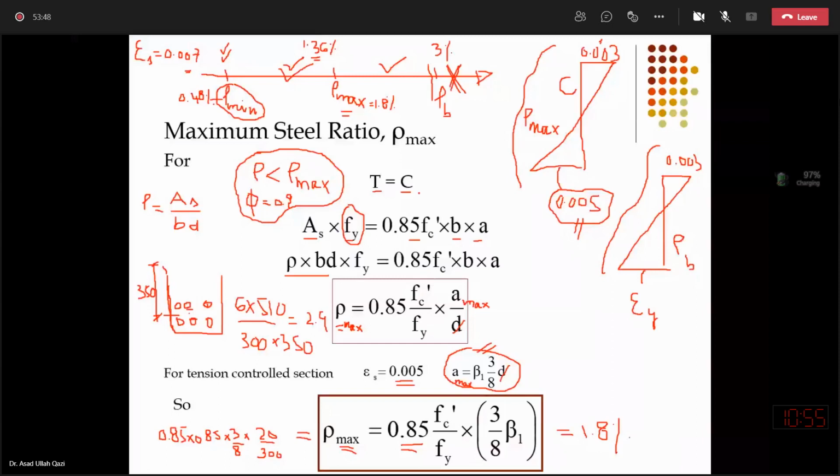So I always recommend students to keep in mind these rho equations because these are very useful expressions for classification purpose. In viva, in interview, in quiz, such expressions can give you very quick assessments and you will be very confident in classifying your cross sections.